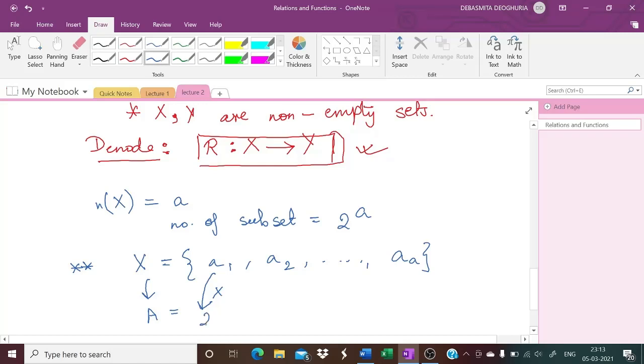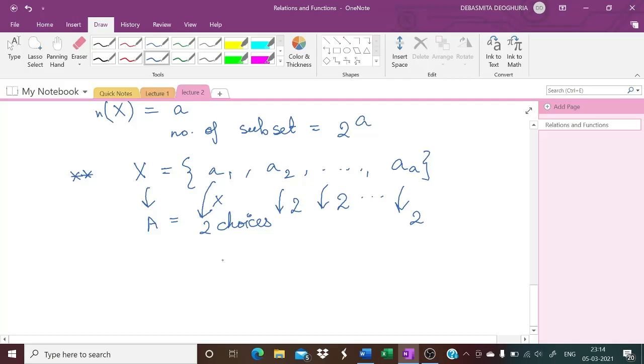So two choices. Similarly for a2 we have two choices, for a3 we have two choices, and so on, for a_a we have two choices. So if you multiply 2 into 2 into 2, a times, you get 2 to the power a.